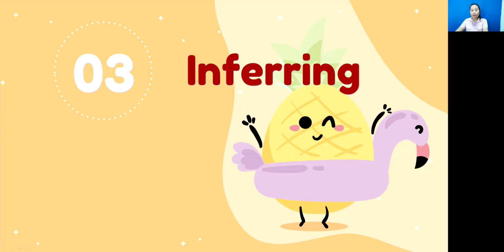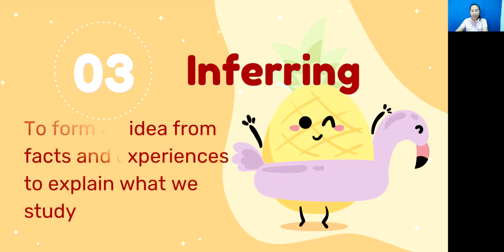What do you think will happen in the future? We infer. We make our guess, our hypothesis. We guess what things can happen. This is forming an idea from facts and experiences to explain what we study. So for you to understand inferring, I'll give you some examples.